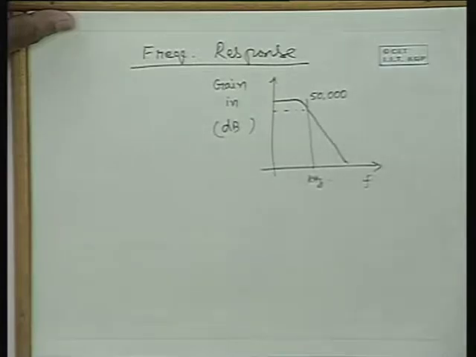How does the frequency affect the gain? Earlier we discussed how an RC coupled amplifier has a response where the gain is a function of frequency. Because of the junction capacitances of an amplifier, the input signal is shorted from base to ground, base to emitter, and because of this, at high frequencies the effective signal applied to the base emitter junction goes down, and as a result the gain goes down.